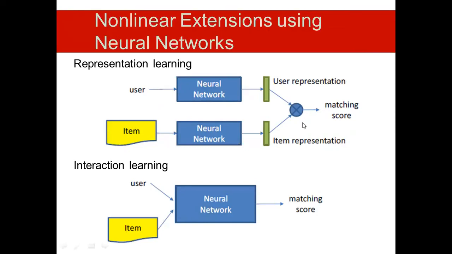And their interaction could be another neural network. As you can see, the interaction can be modeled by another nonlinear neural network instead of just a linear dot product.